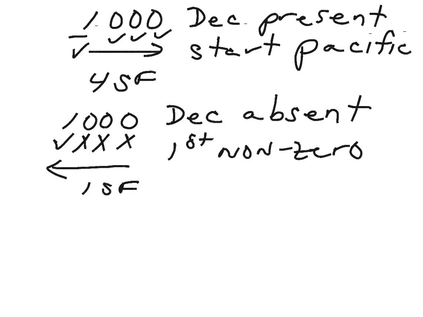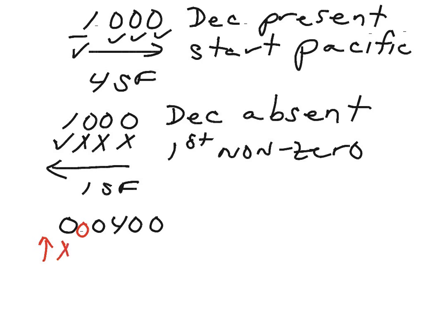Let's try a third example. Let's say we have the number 0.0400. Lots of zeros here. It gets kind of complicated if you try to apply the rules in your textbook, but with the Atlantic-Pacific rule it's much simpler. Since the decimal is present, we start at the Pacific coast, which is right here, but we don't start counting until we get to the first non-zero digit.